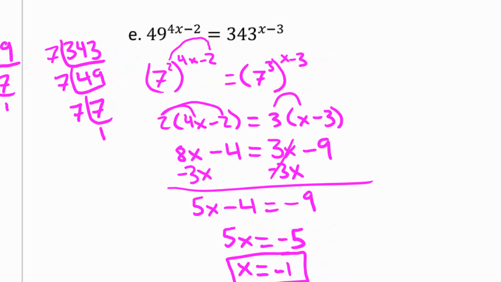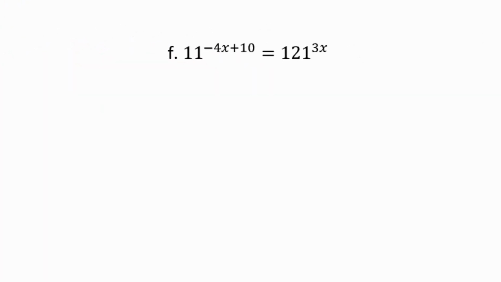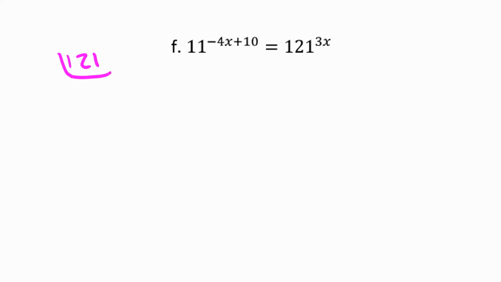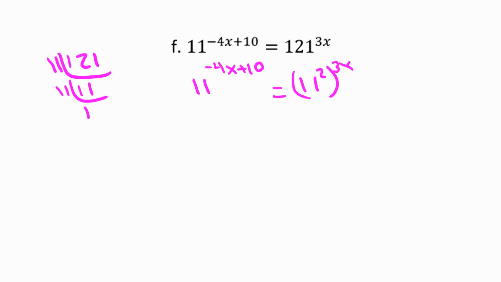Last problem. For 11 and 121, we just have to hedge 121 to break it up into some 11's, and it's 11 squared. So I already have both sides with the same base, 11, so let's cancel it and write just the exponents.